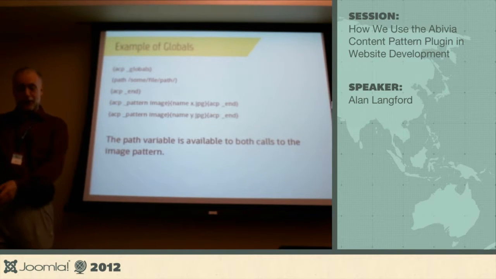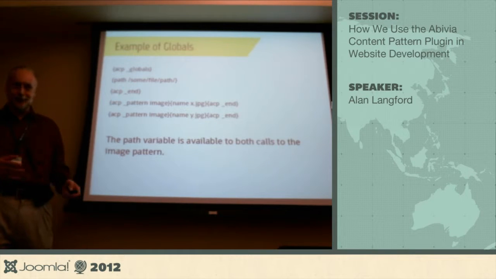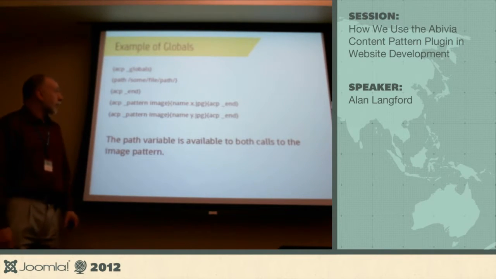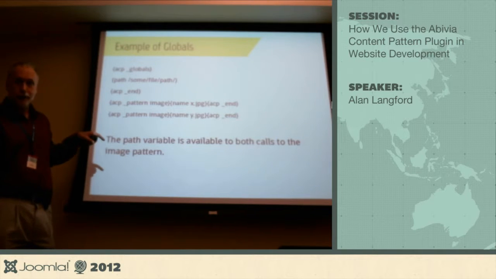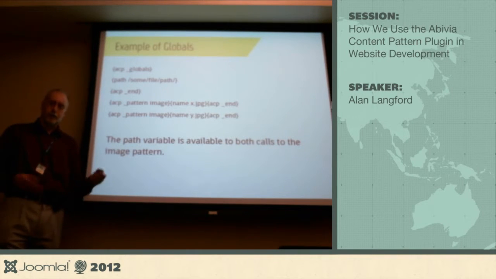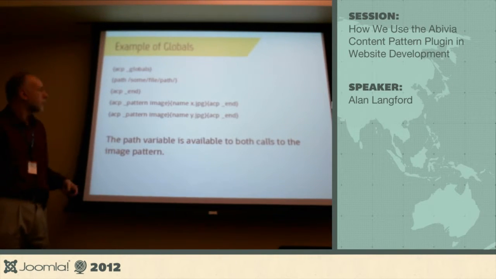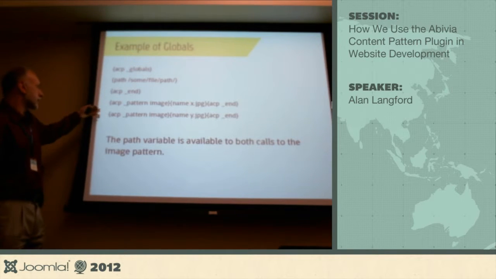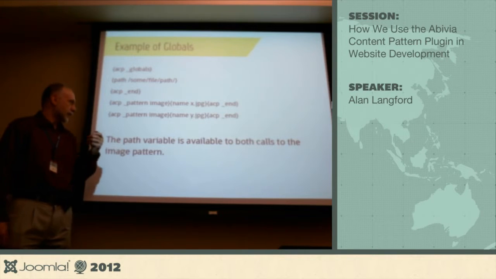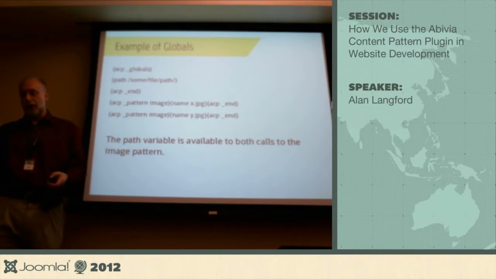You've created a branch where you want all the product images, and then they go off and create another one someplace else and start referring to it. And then when you're trying to do site maintenance, it's a mess. By encoding the path into the pattern, you can force them into the right place. But then if they have a subdirectory or something that they want to get to, you can allow them to specify that globally. And then all these image references are available. They have this variable available so that they can compose it into a path to the image.